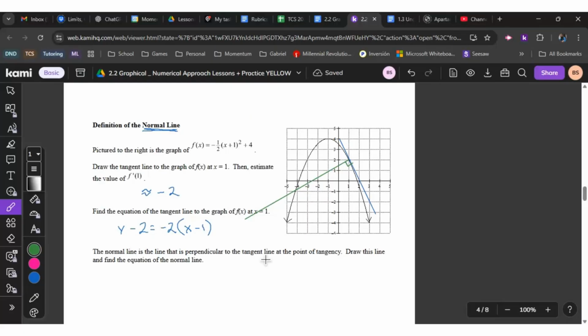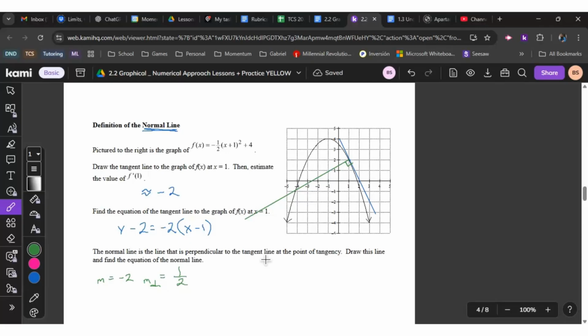So if my original slope was -2, then what is the normal line slope? Well, we just said that. It's the one that's perpendicular to the point of tangent. So what does it mean to be perpendicular? What do you do with the slopes, guys? Yeah, there you go. We negative reciprocal, so it's 1/2. If it was -2, it becomes positive, and the 2 becomes 1/2.